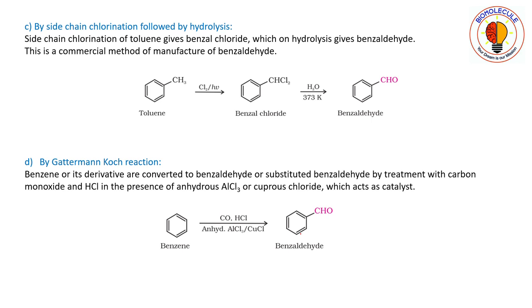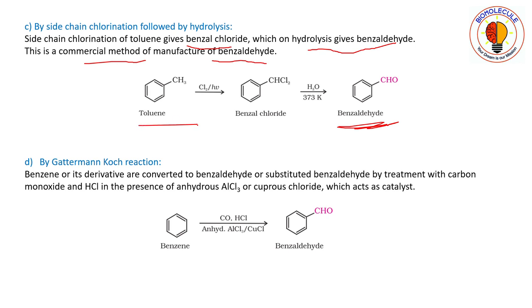Now, by side chain chlorination followed by hydrolysis. Side chain chlorination of toluene gives benzyl chloride, which on hydrolysis gives benzaldehyde. This is the commercial method for manufacturing of benzaldehyde. In general, this is the common method to prepare benzaldehyde.